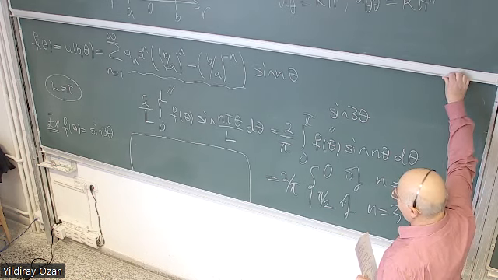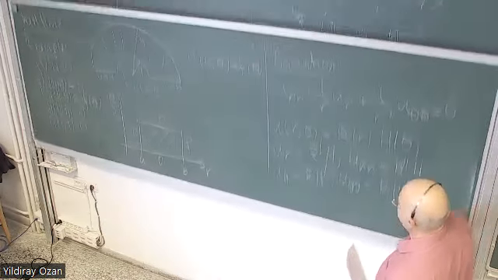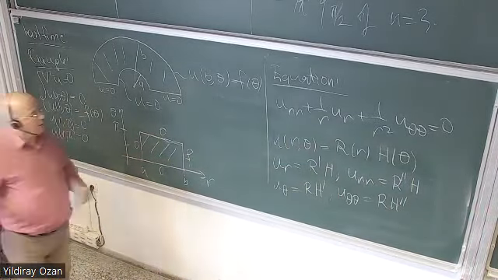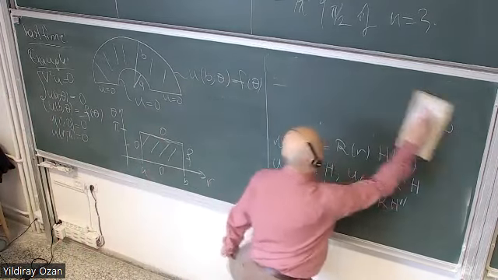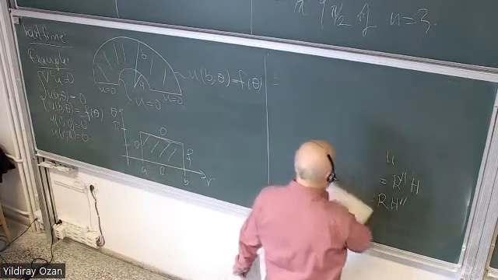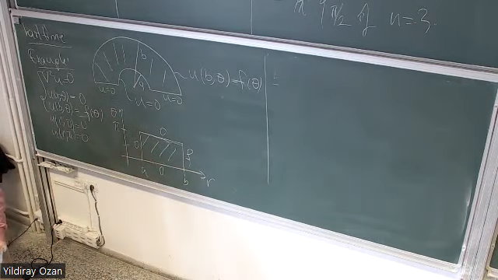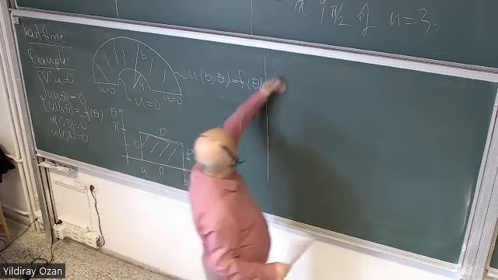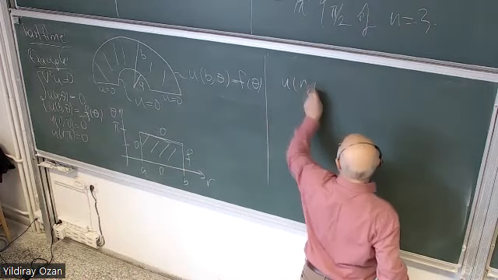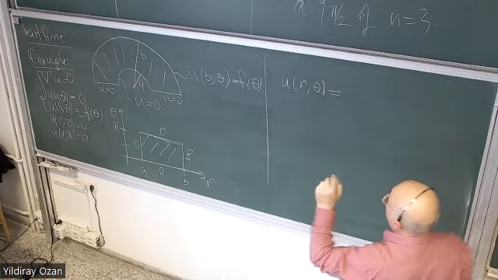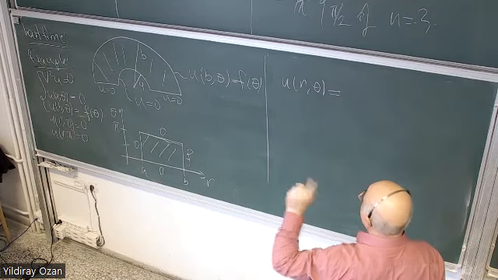Evet. Yani ne elde etmiş olduk? So let's write down the solution. So we have only one term, right? U r theta. So we have only the term for n equals 3.